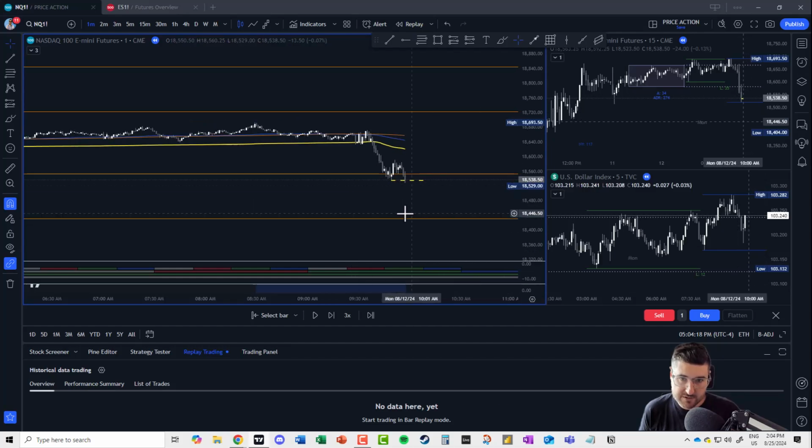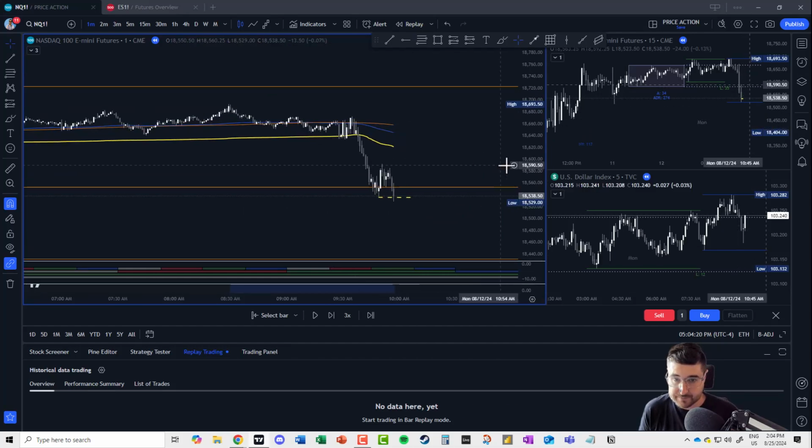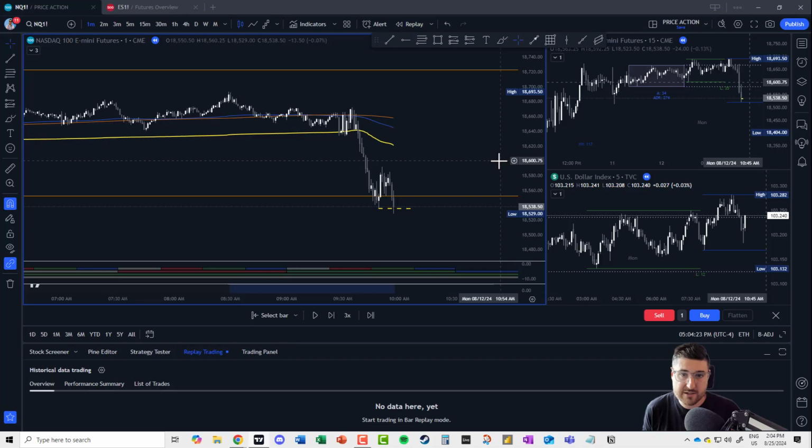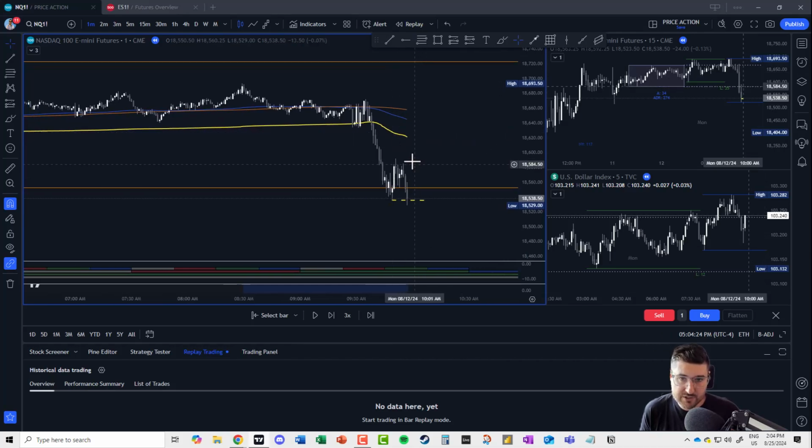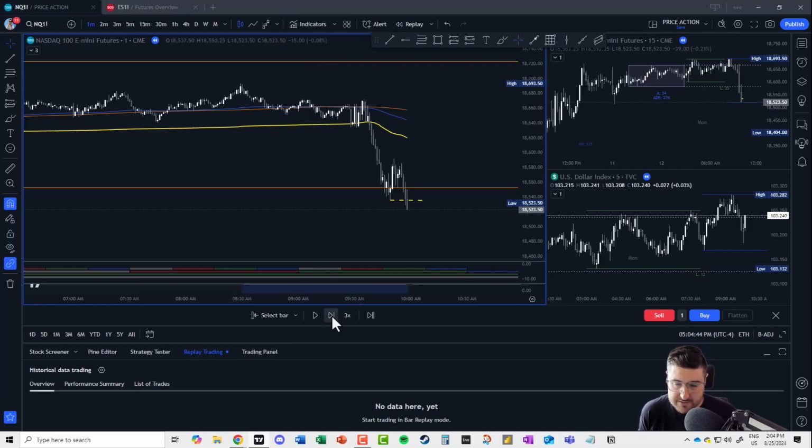Now I could be wrong and we continue down here, but I need to start putting a story together so I'm ready to take a trade if that story plays out, while still keeping in mind the opposite. If that story starts to play out, maybe you need to reassess, or maybe it's just a bigger manipulation that's meant to trick you to flip back around, right? So keep that in mind.